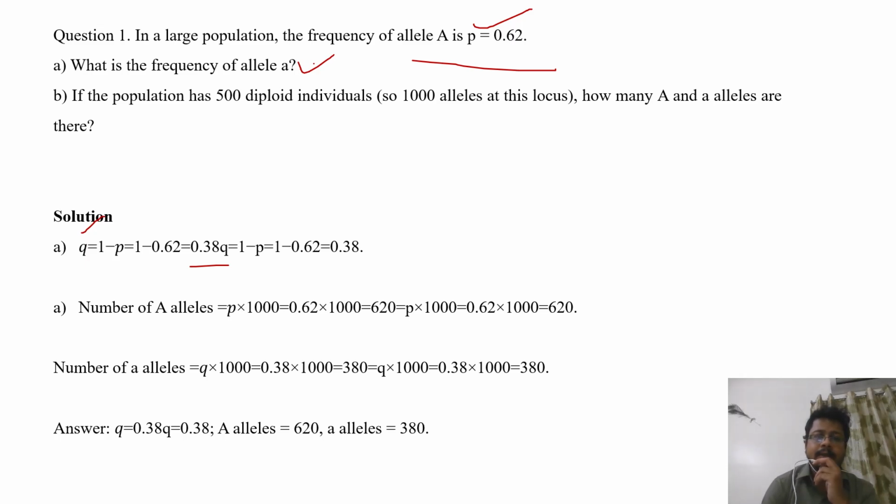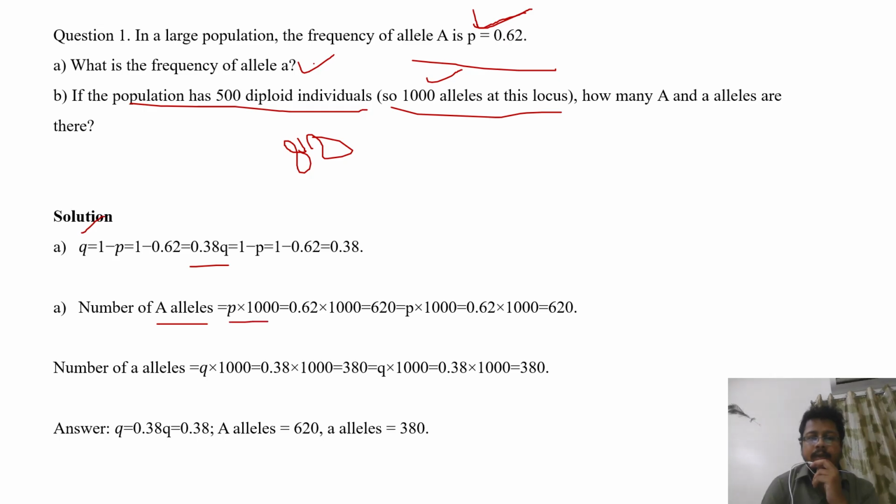Now, what is the number of alleles? The population has 500 diploid individuals, so there will be 1000 alleles, because one diploid individual carries 2 alleles. If the frequency of allele A is 0.62 and there are 1000 alleles, we multiply by the frequency, which gives us 620 A alleles.